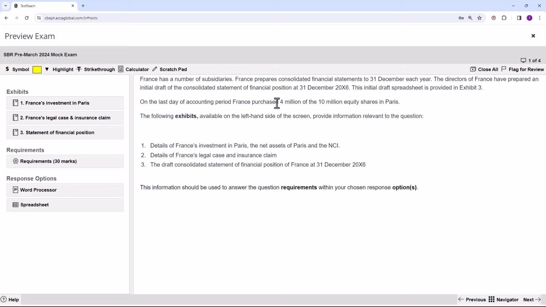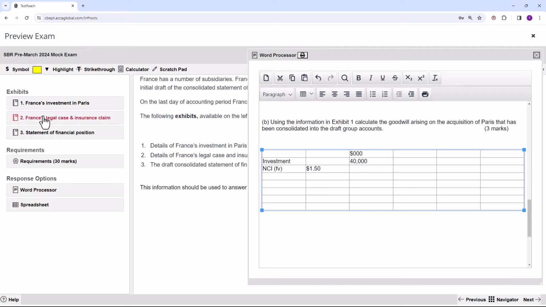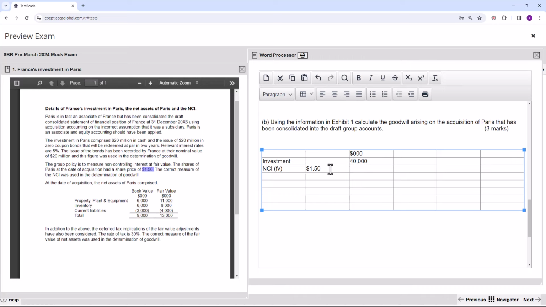Remember that France has consolidated it as a sub. It owns 4 million of the 10 million shares. And therefore, to that extent, there are 6 million shares that France doesn't own. It would have done this. The correct measure of NCI was used in the determination of goodwill.